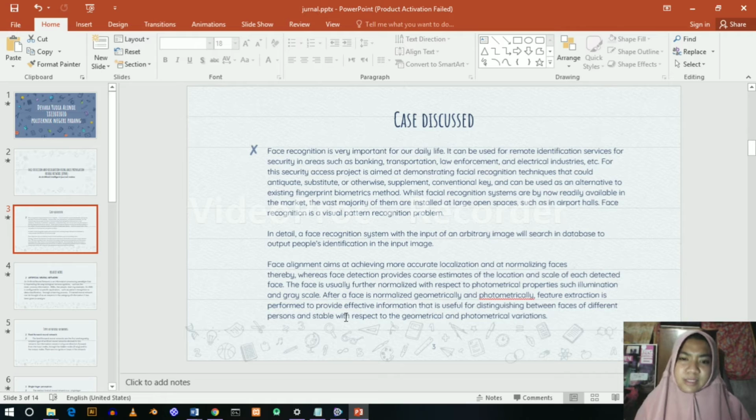After a face is normalized geometrically and photometrically, feature extraction is performed to provide effective information that is useful for distinguishing between faces of different persons and stable with respect to the geometrical and photometrical variation.